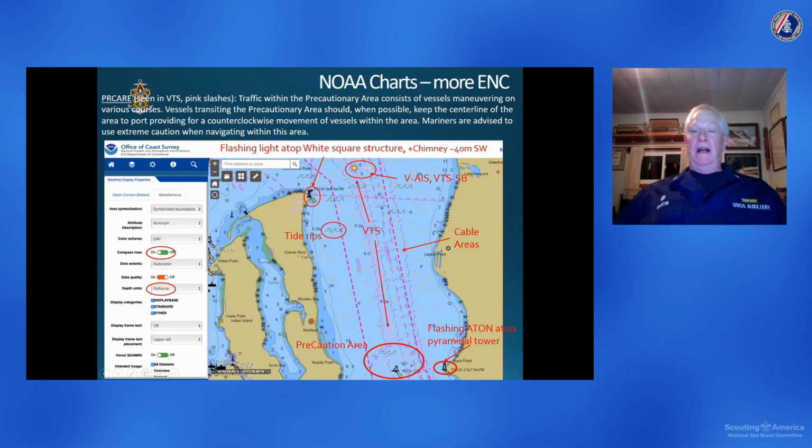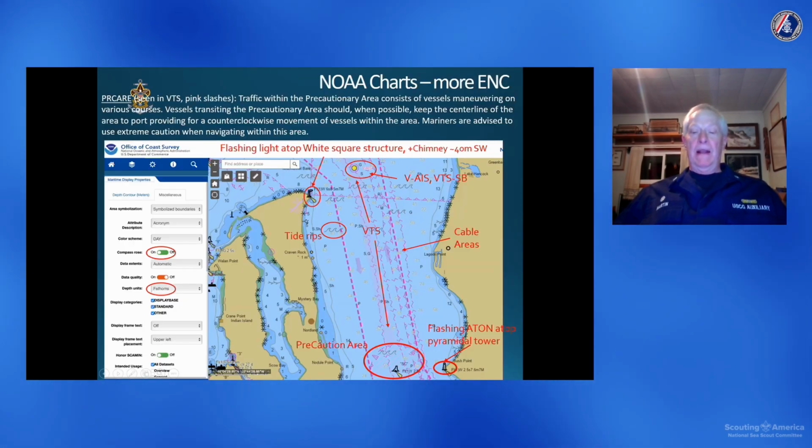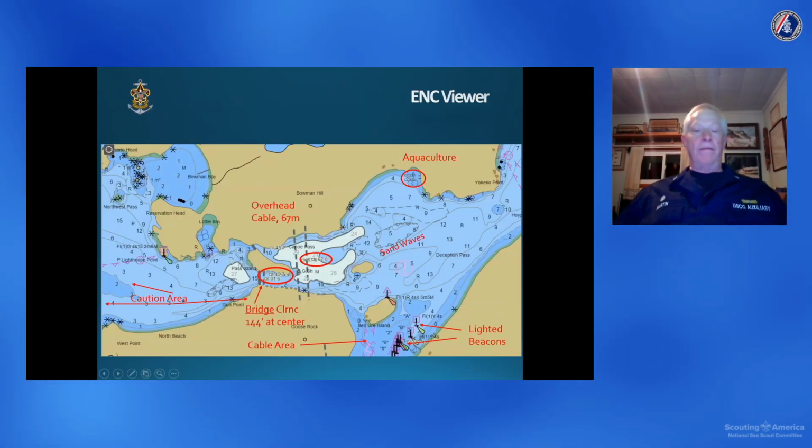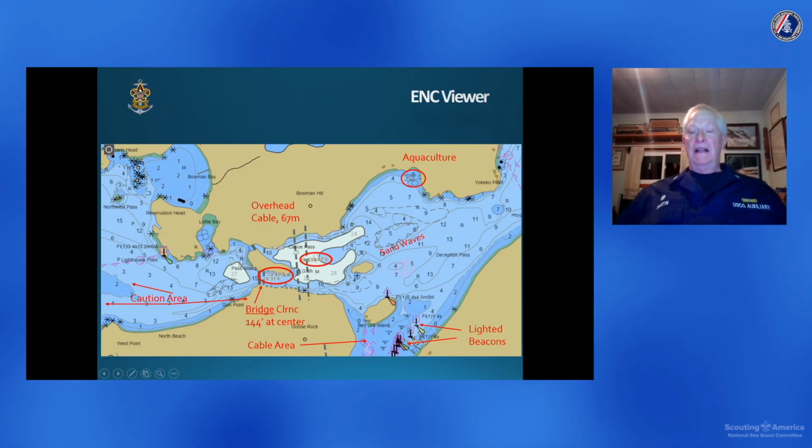Cable areas. The symbology just followed chart number 1. This is one of the new virtual aids to navigation. This is a vessel traffic separation scheme, major channel going through here, left and right. Tide rip symbols, cautionary areas. Just some more, but you can see that the chart is a little different than the old paper chart.